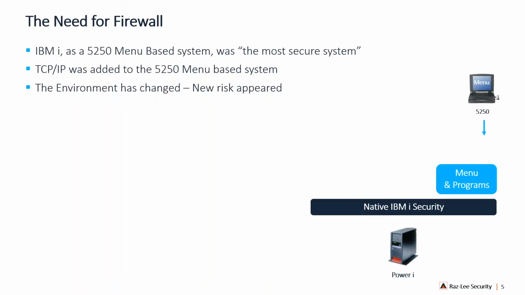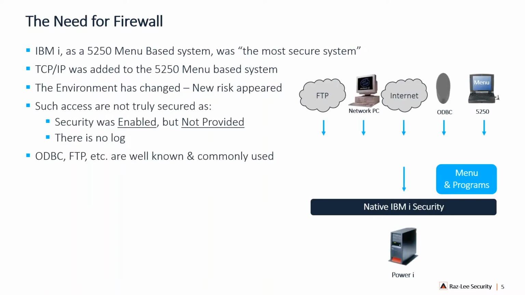This was excellent. Then IBM decided to add TCP/IP to the 5250 menu-based system. Well, the minute that you add something, new risk appears. And these are the new risks. Things like ODBC, which is the way to access data on a remote system, appeared.